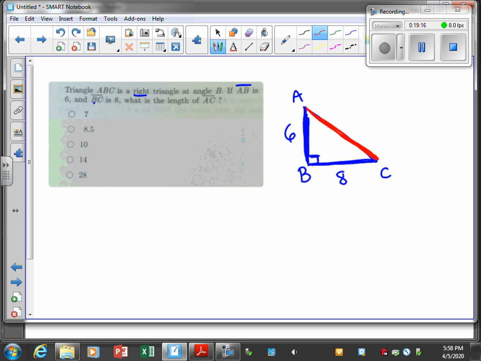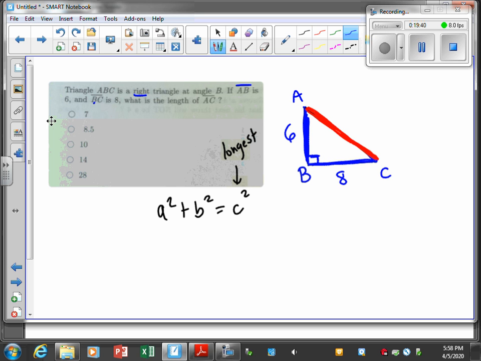Okay. Well, that's just Pythagorean theorem, which is a squared plus b squared equals c squared, where c is the hypotenuse side. It's always the longest side. That's the only one. A and b are interchangeable, but c has to be the longest side. And in this case, the longest side is this red one, and that's the one we're looking for.